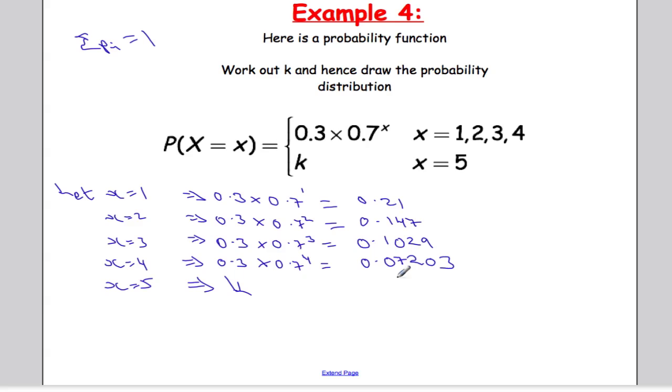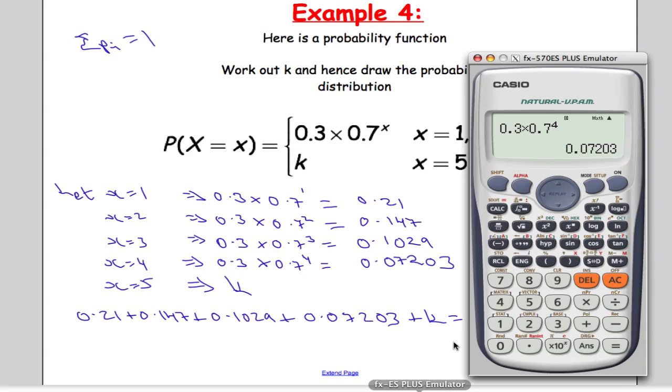When I add all of this up, 0.21 plus 0.147 plus 0.1029 plus 0.07203 plus k must equal 1.